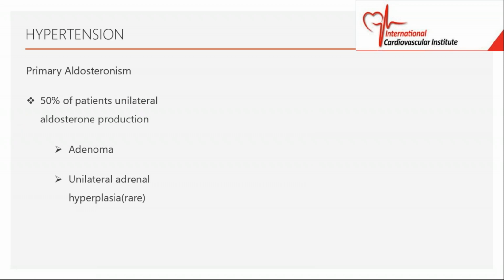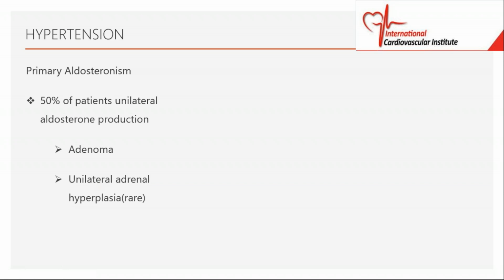So we're still in primary aldosteronism. Automatic increased production of aldosterone causes sodium retention, hypertension, and you get hypokalemia. 50% of these patients are going to have unilateral aldosterone production, that is, just on one side. They may have an adenoma, which is a tumor, or they may just have a unilateral adrenal hyperplasia.